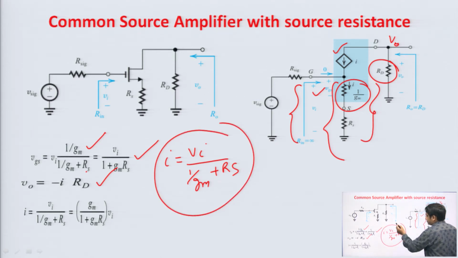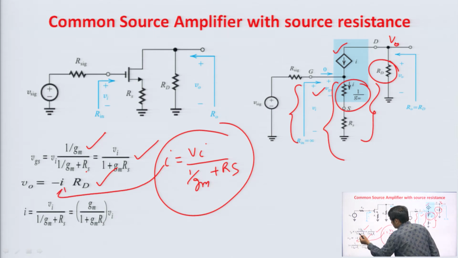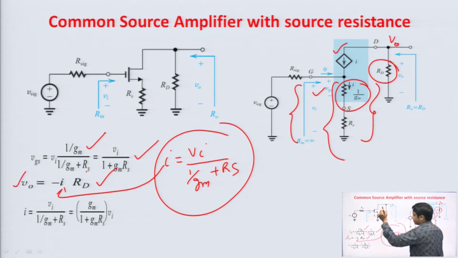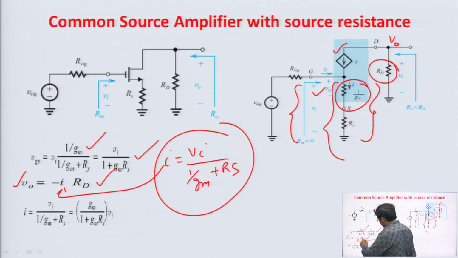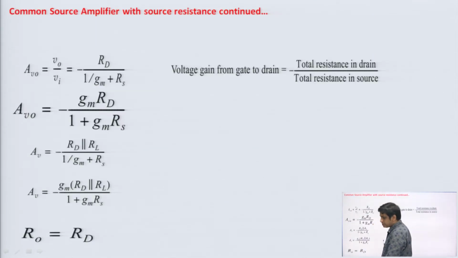Now, put this I in this equation and you get the relation between V naught and Vi, very simple. Put the value of I in V naught equal to minus I into Rd and rearrange the terms.